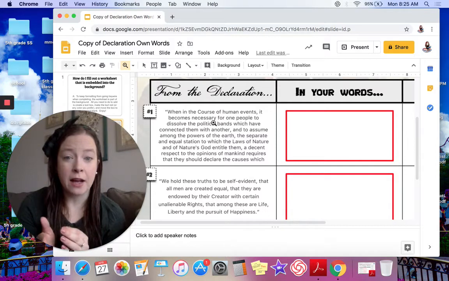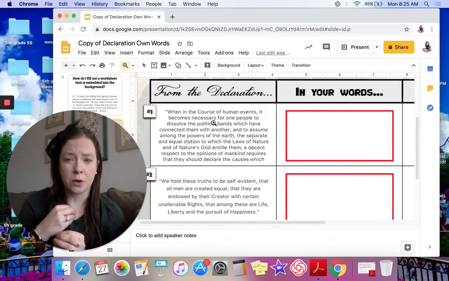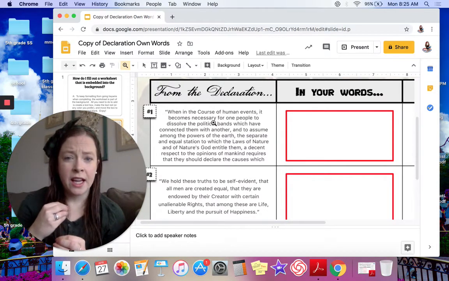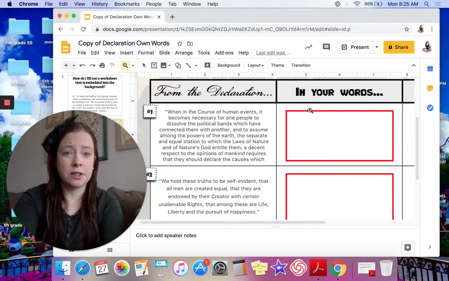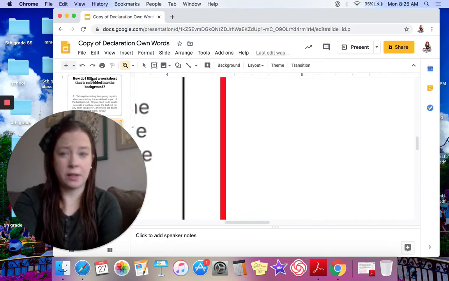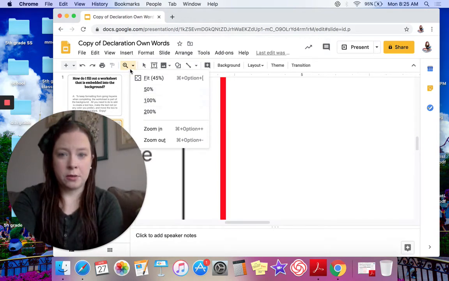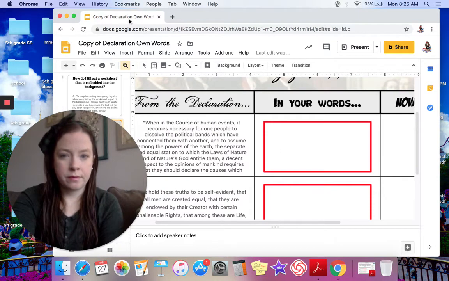Okay, I'm going to pull out, that means in history, the course of human events, and political bands, that means government. So in my own words, I'm going to type in here, I'll double click right there.